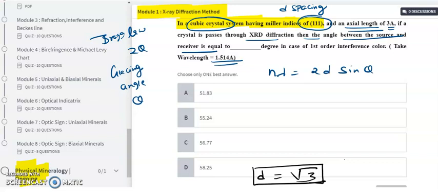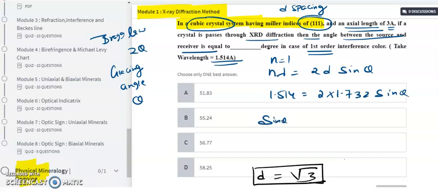We are calculating this for first order interference, so n will be equal to 1, and lambda is 1.514, equal to 2 into, let's put the value of root 3 as 1.732, sin theta. So sin theta will come out to be 1.514 divided by 2 into 1.732.